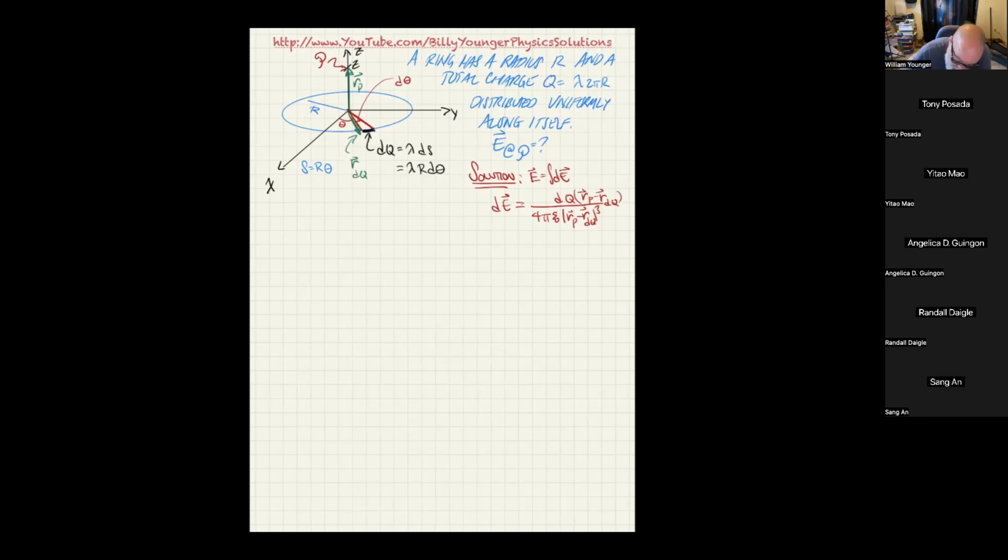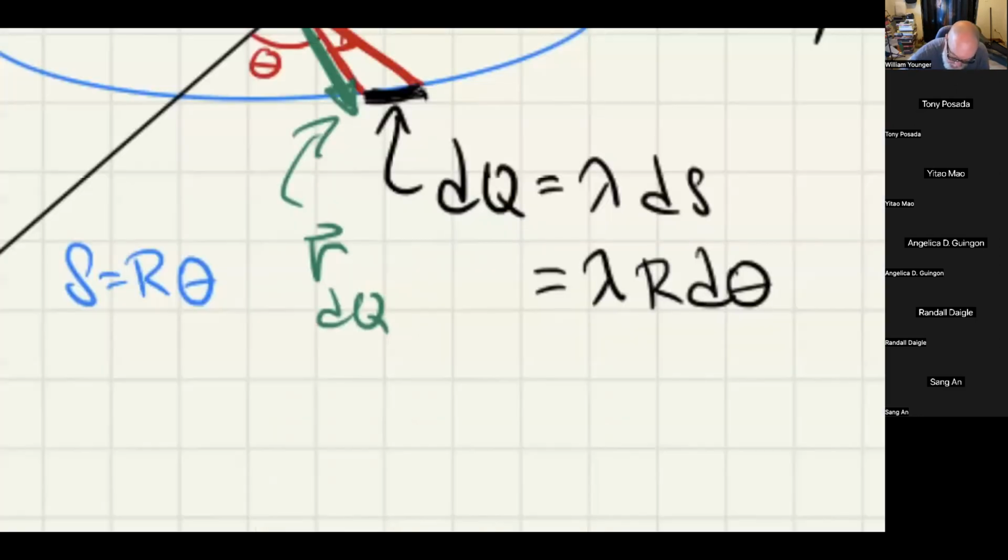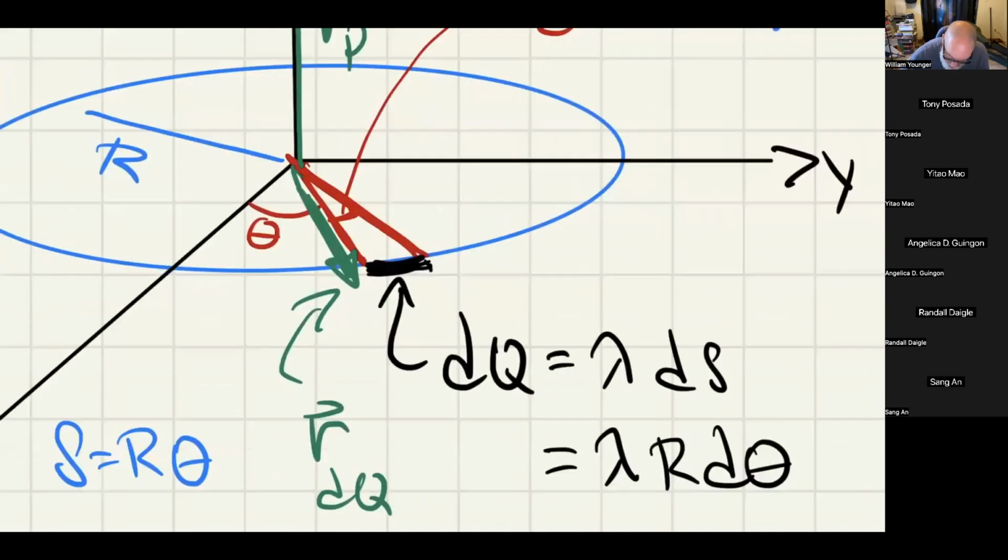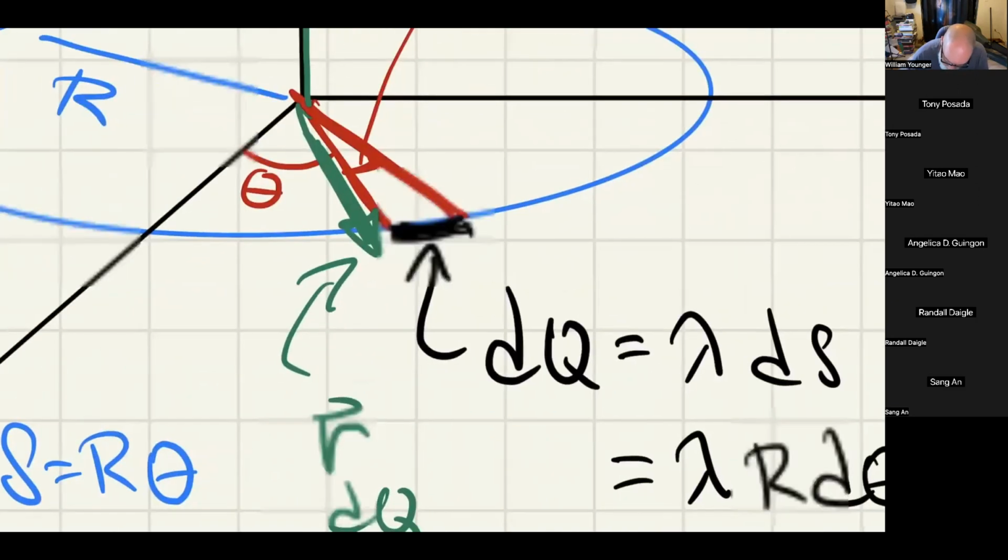Now, it might help you. Actually, I should probably make that a little clearer. I'm saying this vector is basically that red line that I put there, but I didn't want to cover up the red line, so I tried not to. But it's basically that little vector.